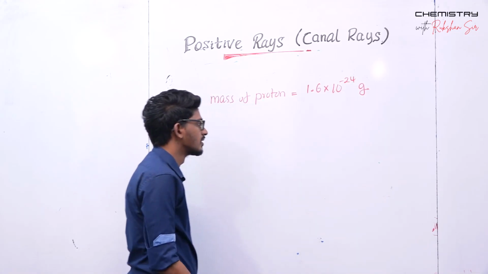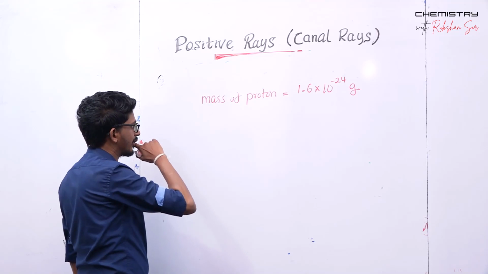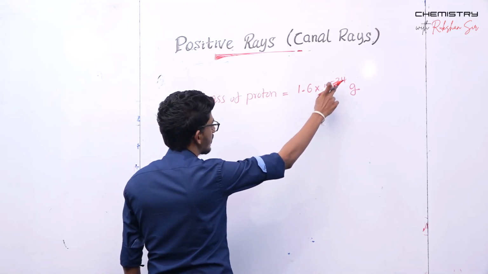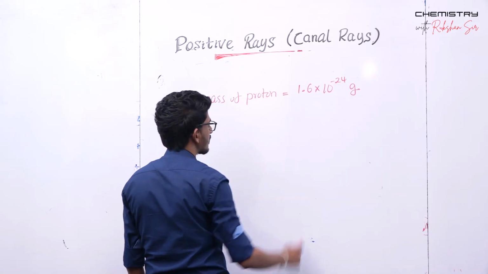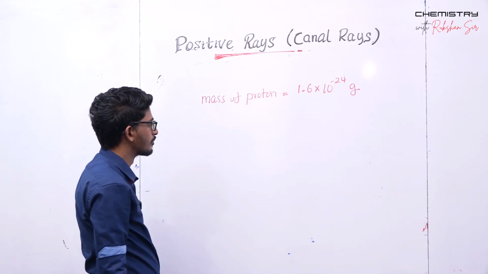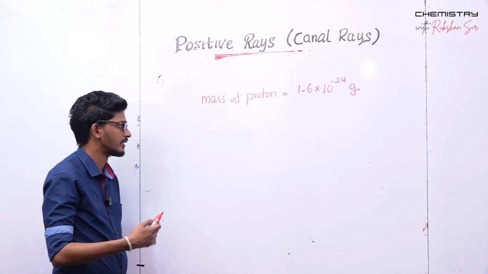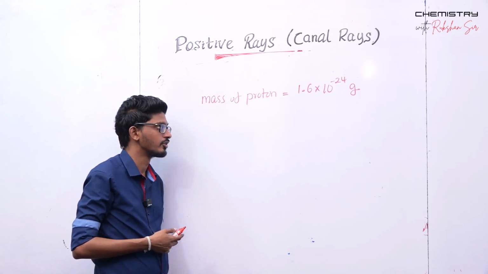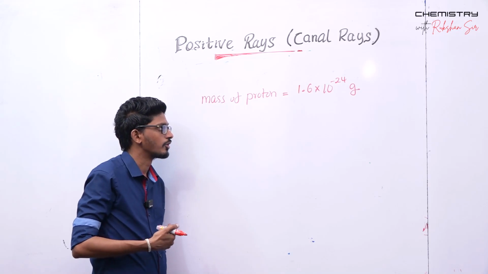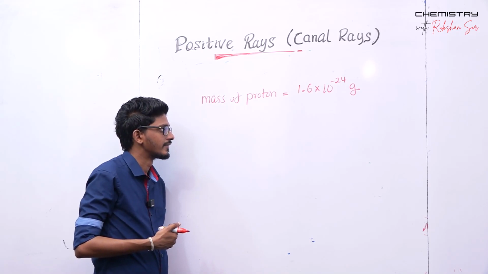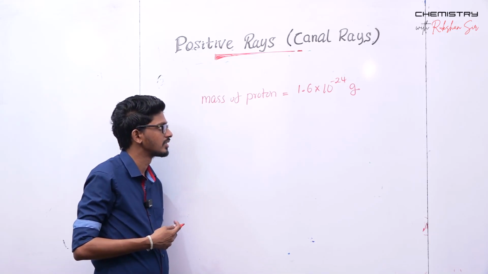The mass of electron is 10 to the power minus 28 grams. In small classes, you know that protons are very much heavier than electrons. It is basically 1840 times greater in mass compared to the electrons.